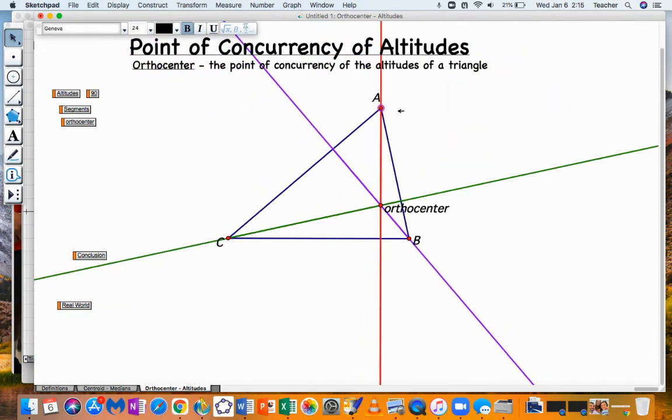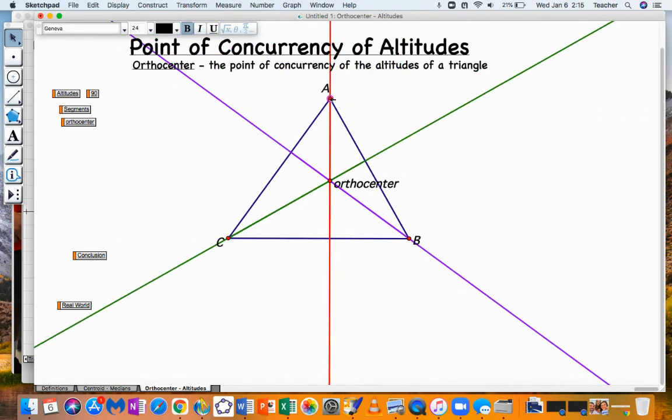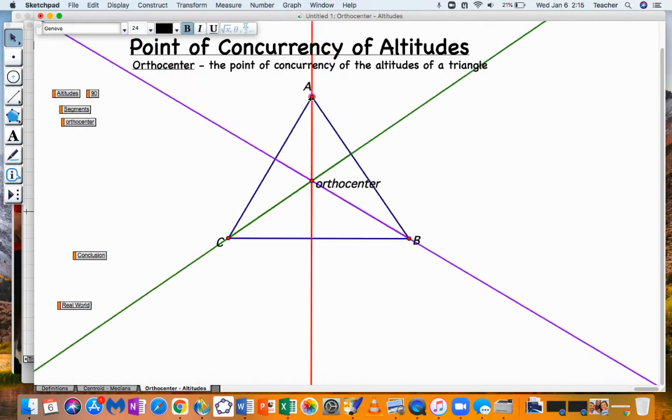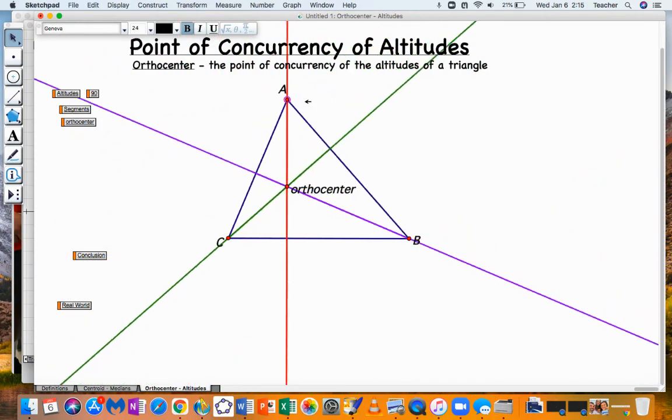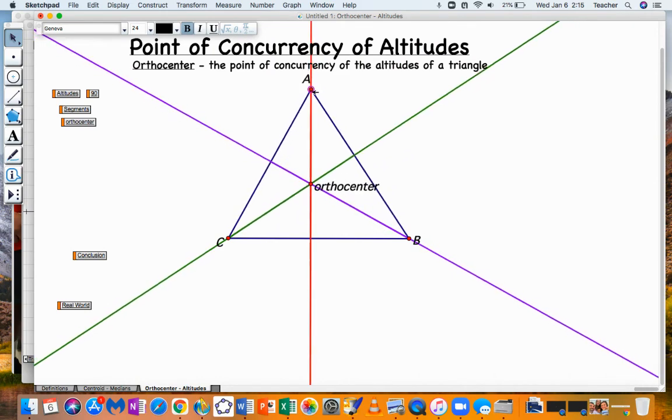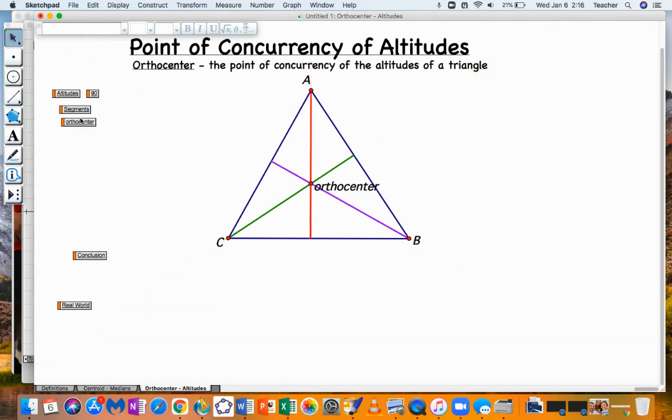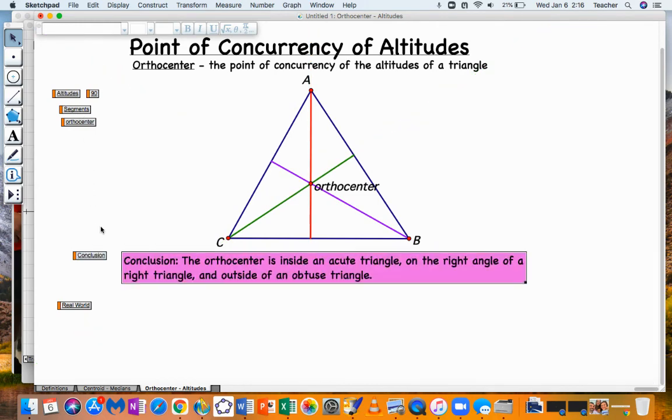So I got a right, I got an acute, the orthocenter is inside. And once I go obtuse, now that point is going to be on the outside. Okay, so that's an important idea to understand about orthocenters. So really right now, the only thing about orthocenters that you need to know is the orthocenter is inside in an acute triangle, on the right angle of a right triangle, and outside of an obtuse triangle.